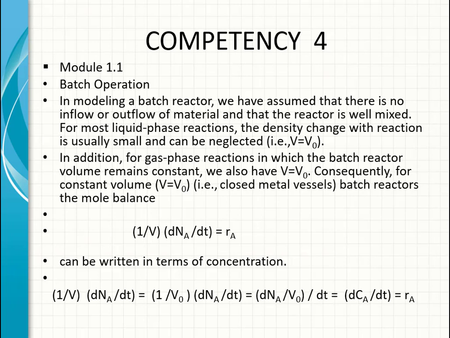We put V0 inside the differential, so it's the differential of NA divided by V0, which is the concentration. So at the end we have dC divided by dt equal to the rate. The change of the concentration with the time is the rate of the reaction.